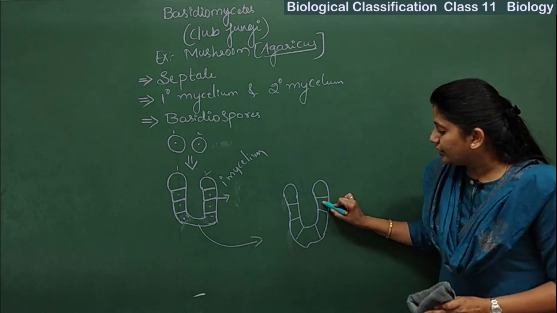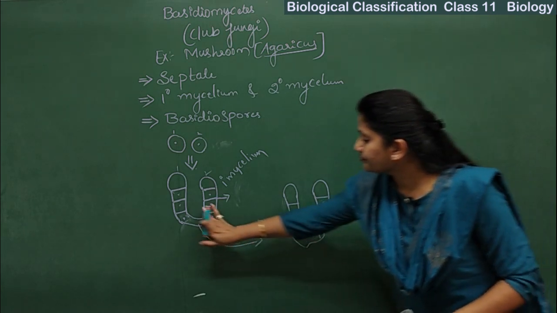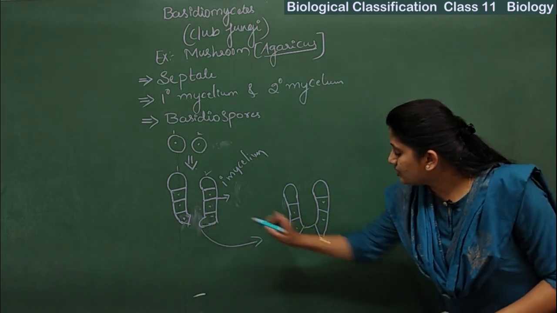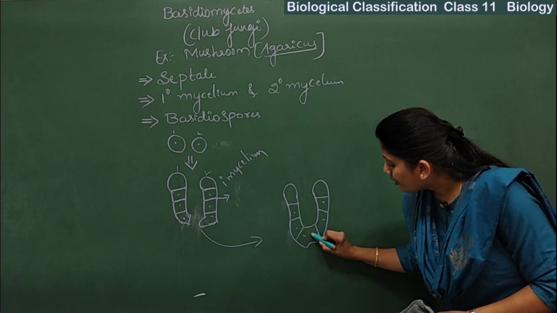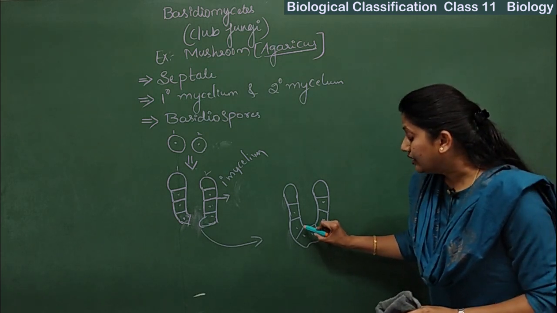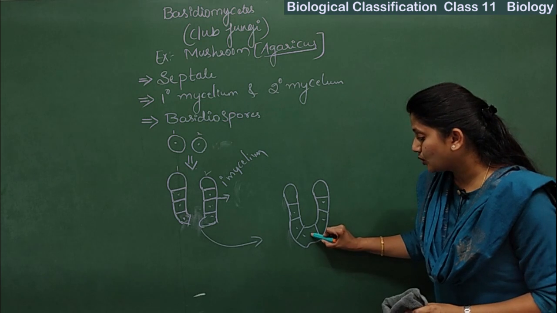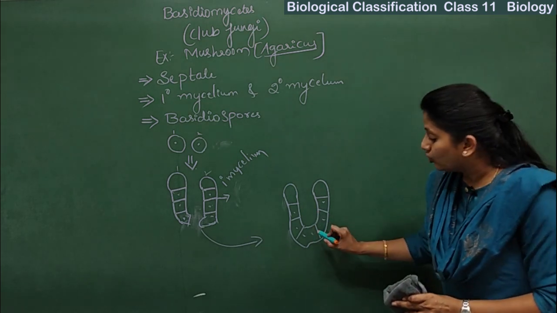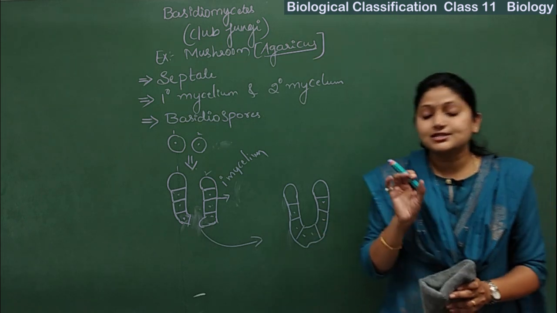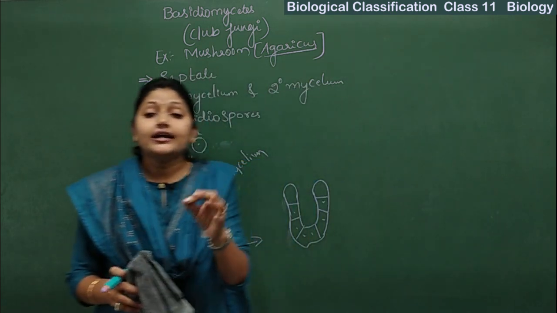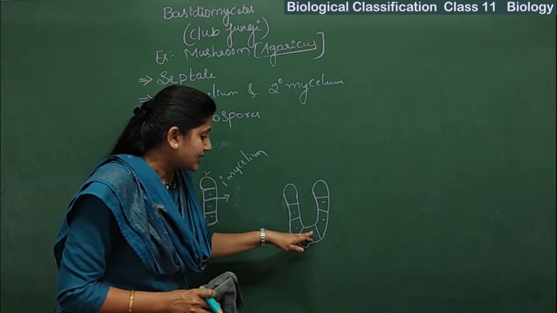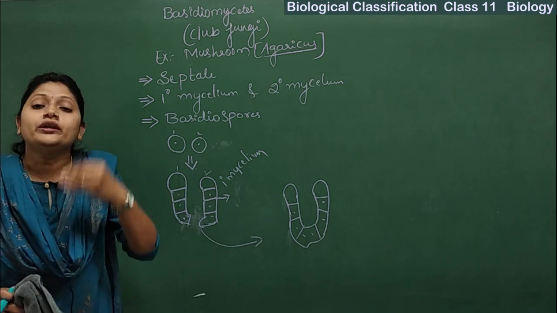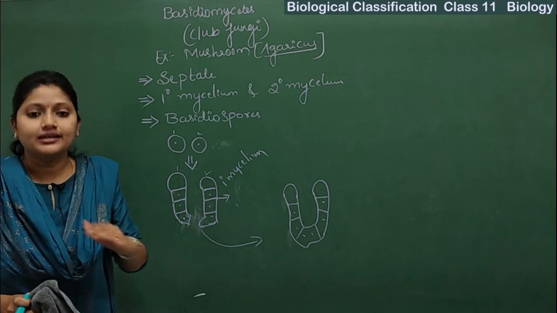So these segments have fused so that in one single segment we now have two nuclei. This stage is called the dikaryon stage, or the two-nuclei dikaryonic stage.